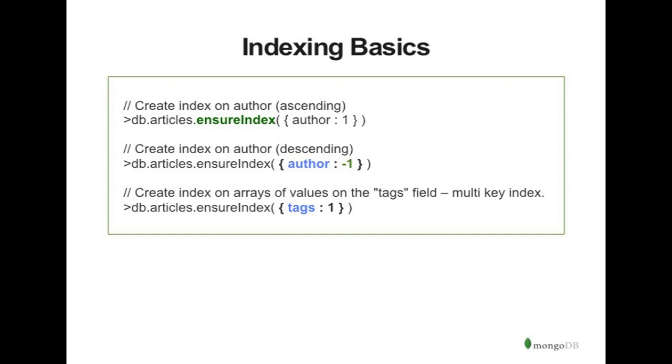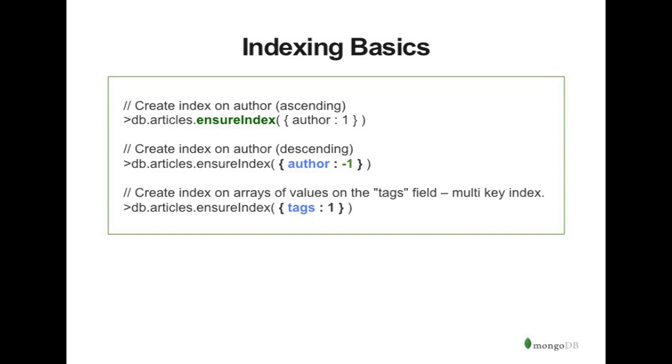If I want to create in a descending order, then I specify a -1 in the JSON document for a given field. Suppose my field is an array and I have multiple elements and I want to create an index. No problem. These are called multi-key indexes in MongoDB. So in this example, I'm using the tags field, which is an array, and I just say tags ascending order.